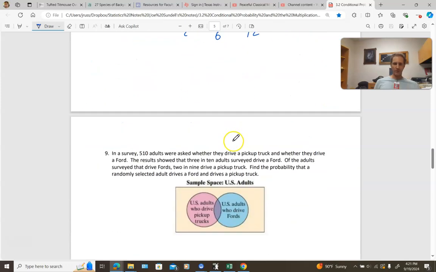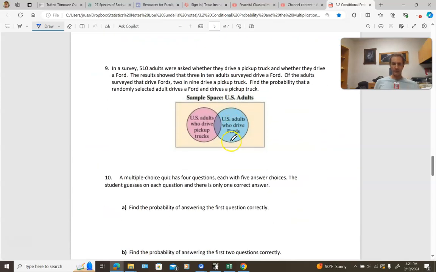All right, we'll keep going. Number 9 here. So we're going to be using this Venn diagram to help us visualize this. It says in a survey, 510 adults were asked whether they drive a pickup truck and whether they drive a Ford. The results showed that 3 in 10 adults surveyed drive a Ford.